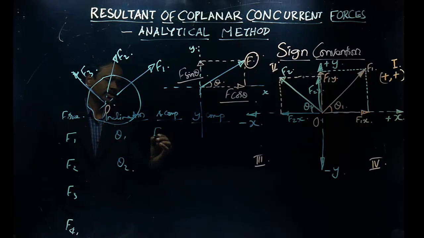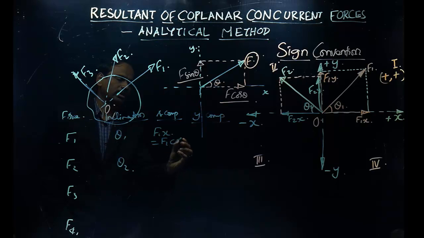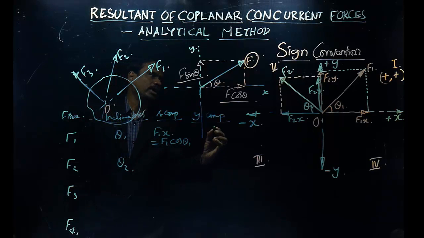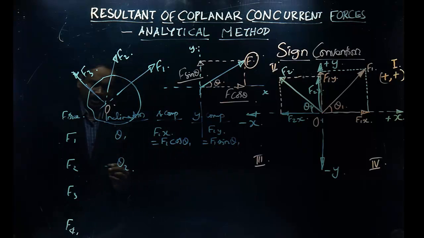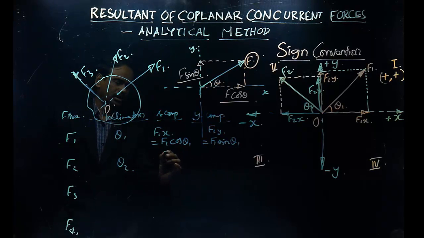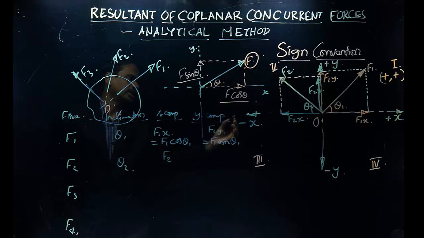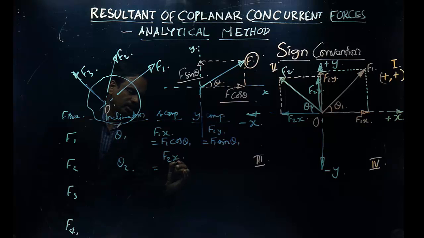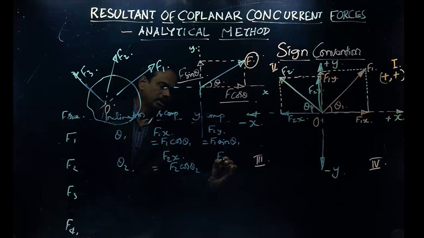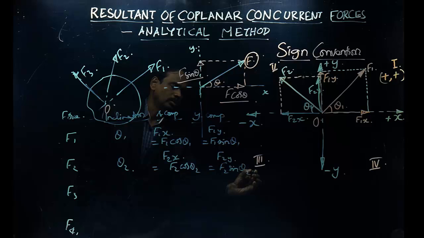Here F1x is the x component. How much is that? It is nothing but F1 cos theta 1. And the y component is F1y. How much is that? F1 sin theta 1. And when you come here, the x component is F2x. And how much is that value? F2 cos theta 2. And this is F2y, which is equal to F2 sin theta 2.